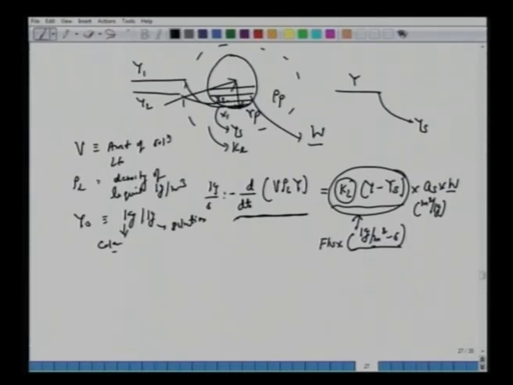Okay. Now we can write, as V rho L is constant, minus dY over dt equals KL AS W. Let's put it together here, and we have Y minus YS. But what is YS?